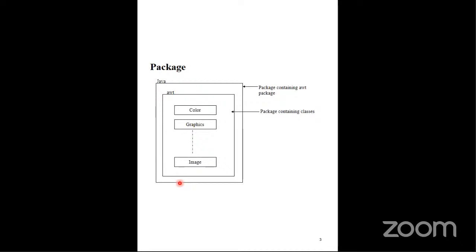Like here in this diagram, you can see that the AWT package contains various classes like color, graphics, image, and so on. So every package will have this type of hierarchy, where the root package is some predefined package such as Java, and then within that package you may have some sub packages, and each package may contain again within itself a list of classes. So it is basically a hierarchy structure.